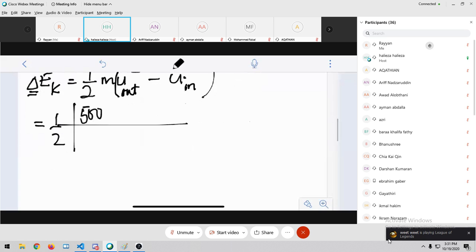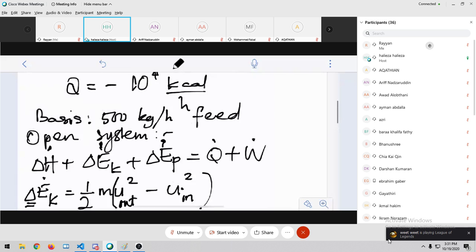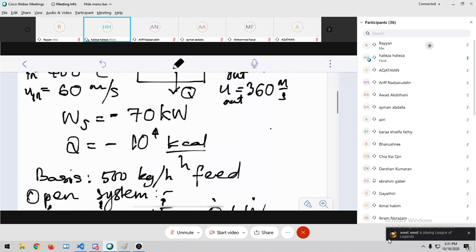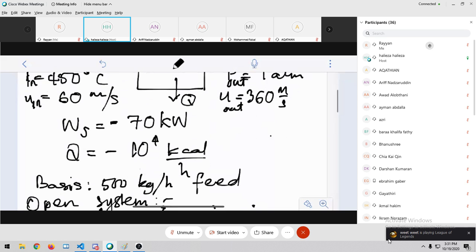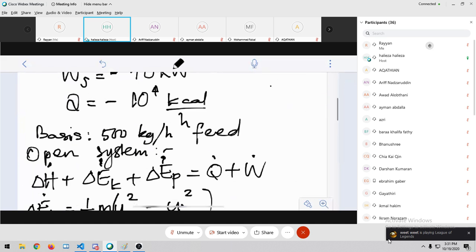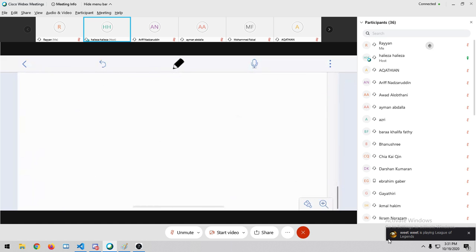Let's change the kilograms per hour first. Don't write the 500 over here because we're going to use a lot of that mass in our problem. I don't have enough space, so I'm going to write it at the bottom. 500 kilogram per hour, I want to change it into per second.